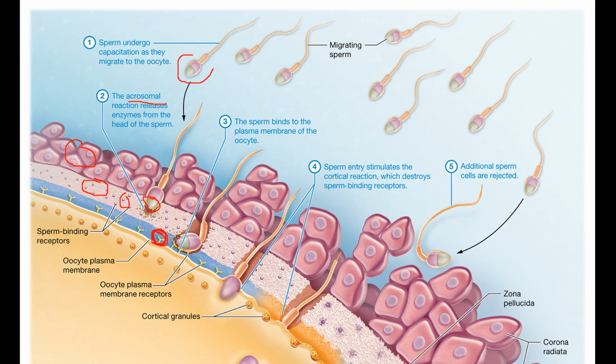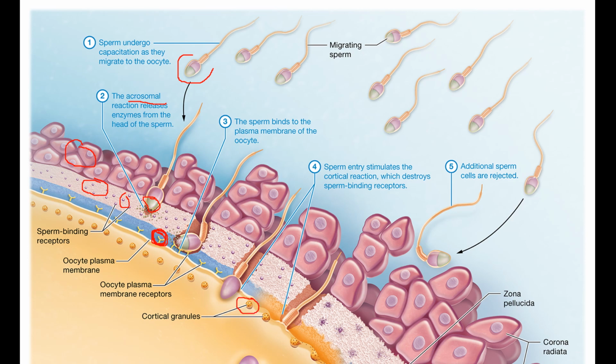And so once a sperm comes in contact with those, the sperm is going to enter the oocyte, and it's going to stimulate this cortical reaction, triggering these cortical granules.